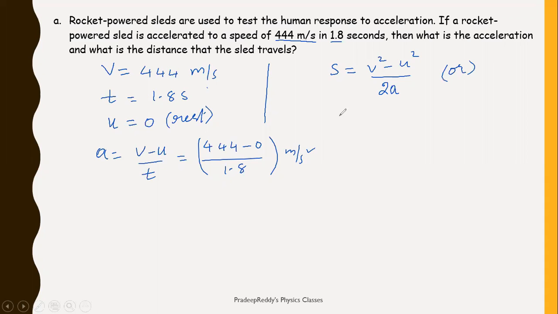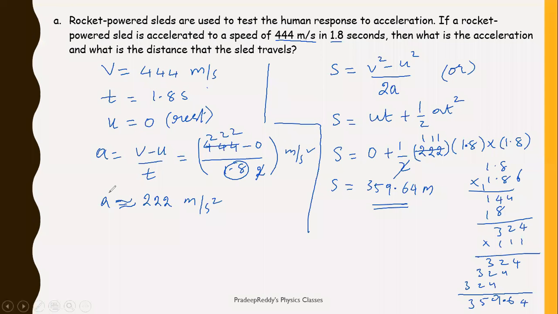You can use either this equation or this equation because all the values are known to you. Now calculating this total, acceleration is equal to 222 because I am rounding 1.8 off to 2. 444 divided by 2 will be 222. That 222 meter per second square acceleration I am using in this equation.